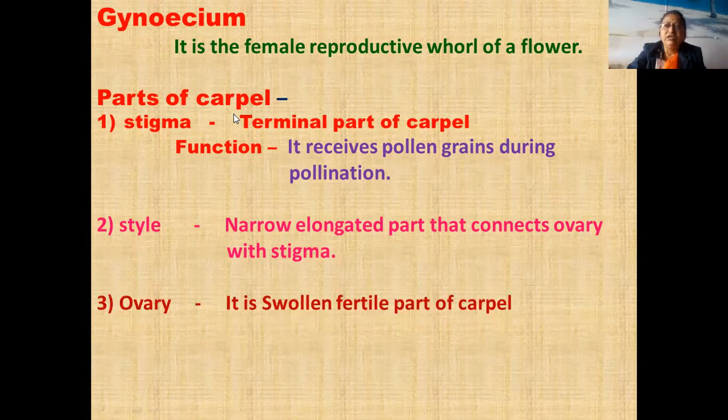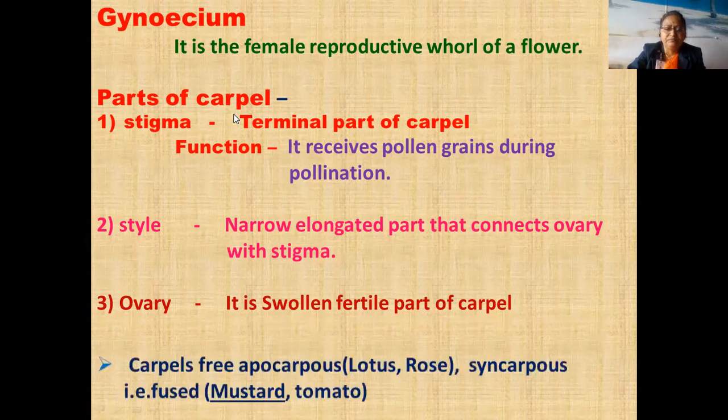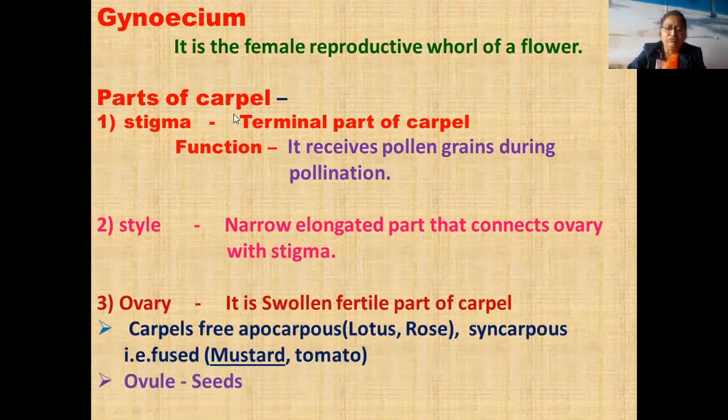Then ovary is the basal swollen part of carpel. Ovary contains ovules. After fertilization, ovary produces fruit and ovules produce seeds. Ovules are produced in the ovary, on the fertile part called placenta.